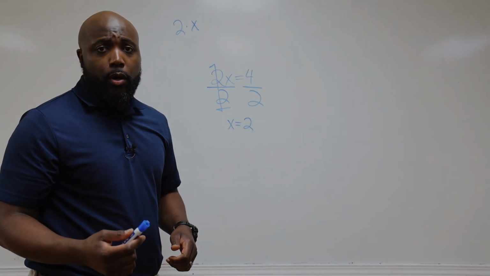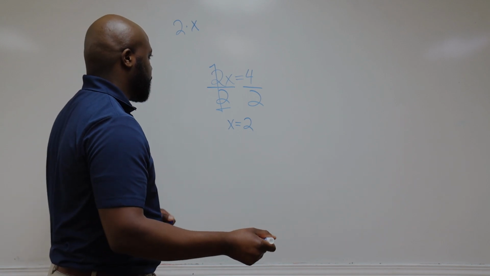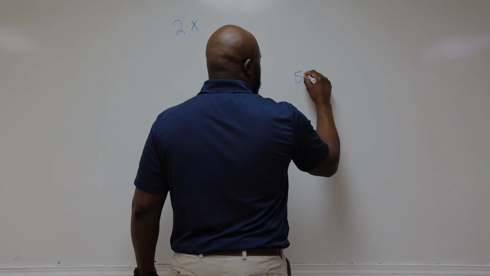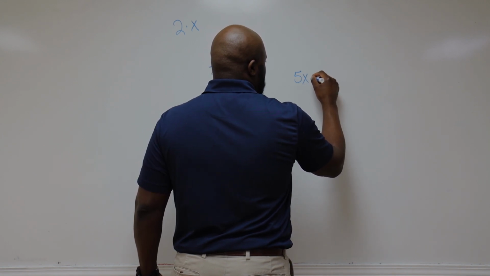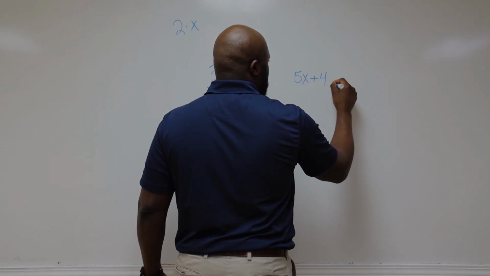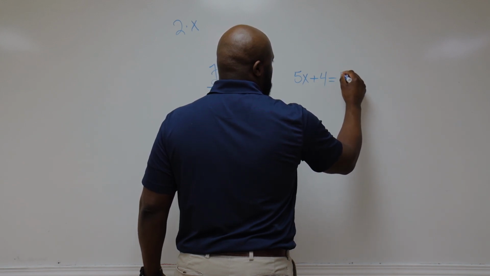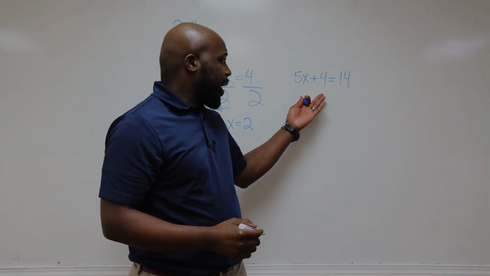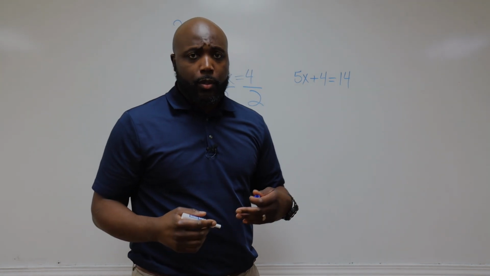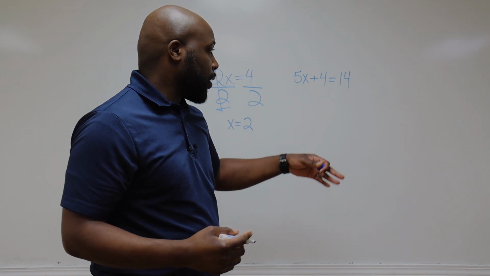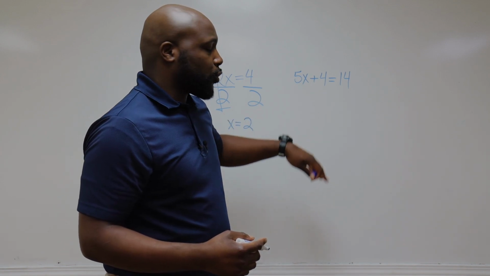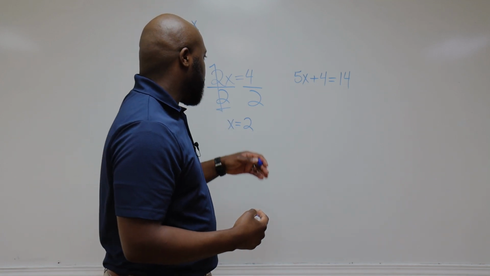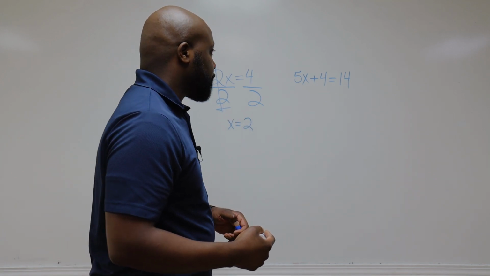So let's do a little more complex question. We have 5x plus 4 equals 14. Now here we have combined an addition sign with the variable and the functions that we had in the previous problem.